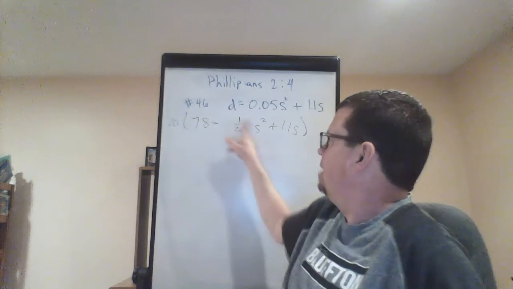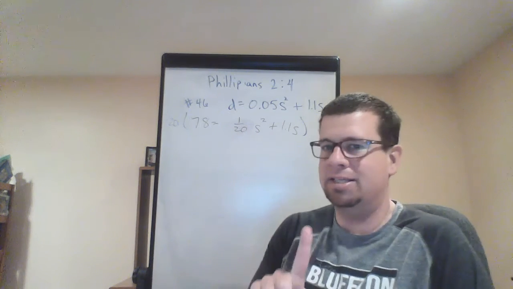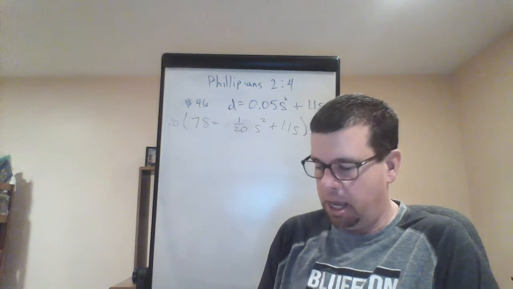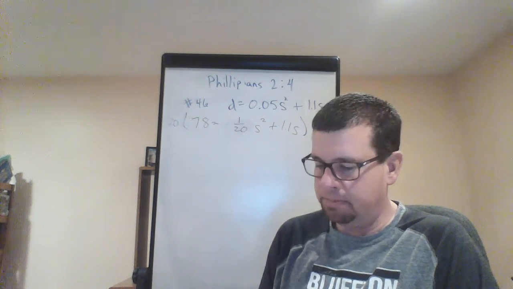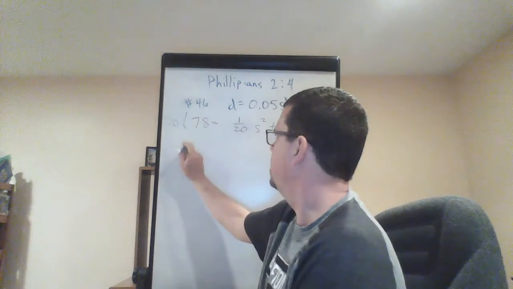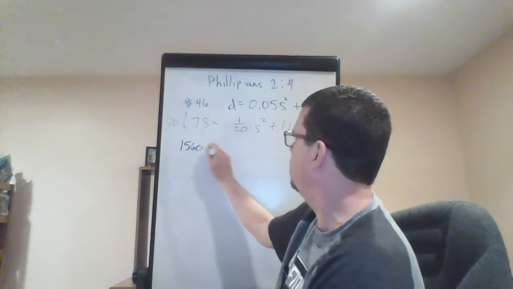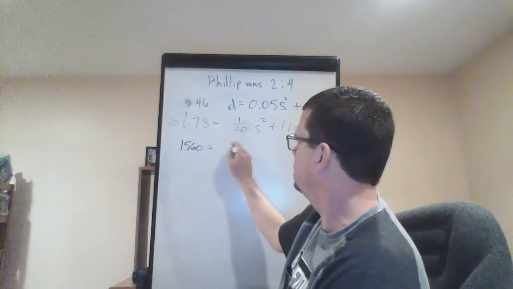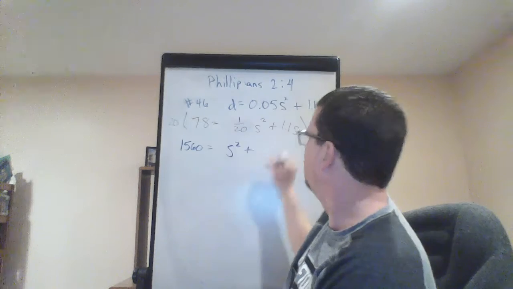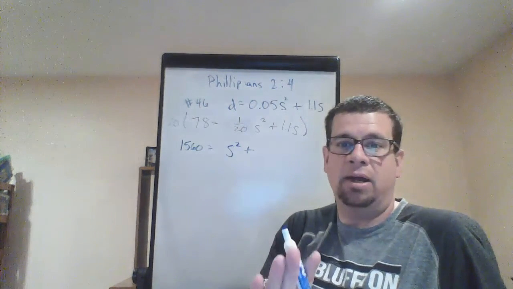We've got to do that because we can't complete the square if the coefficient of your s squared is anything other than 1. So 78 times 20 is 1,560. Holy cow. So we got 1,560, and 20 times 1/20th is 1, so that's just s squared. And then 1 and 1/10 times 20. I'm about to do this without a calculator.